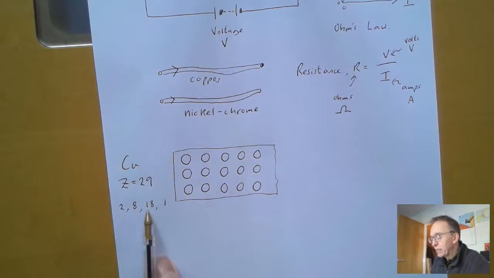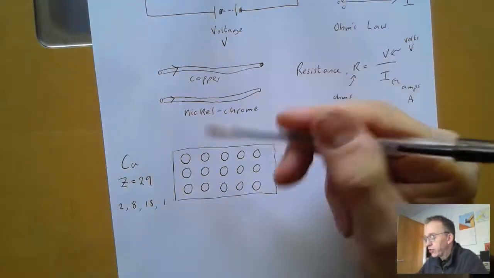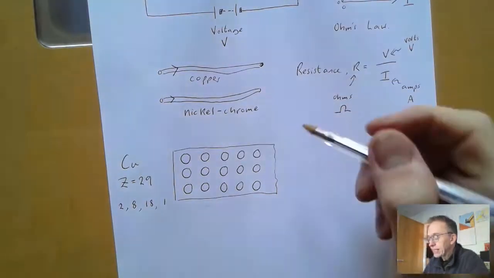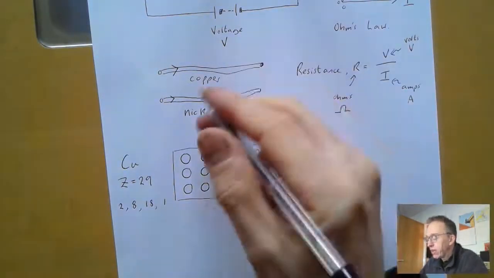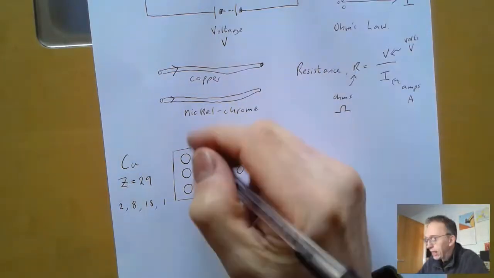Now the first 28 electrons, because they occupy full shells, are strongly bound to their atoms. But the 29th electron, because it's on its own in the outer shell, is not bound so strongly. Therefore, with just a little bit of energy, it can escape and break free from its atom and become a free electron.